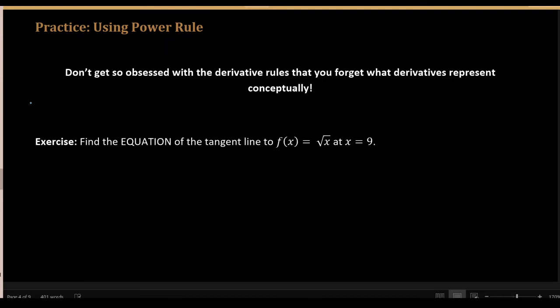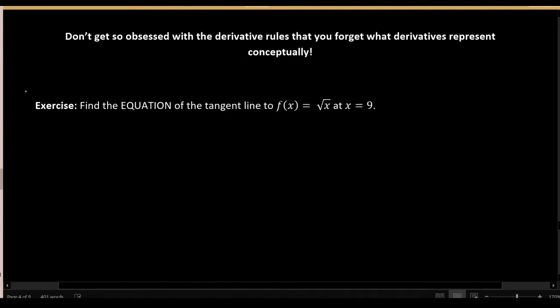I don't want you to forget that the derivative is the instantaneous rate of change. I don't want you to forget that the derivative is positive when the original function is increasing, that the derivative is 0 when the original function is flat, that the derivative is negative when the original function is decreasing. I don't want you to forget that the derivative of the position of an object represents its velocity.